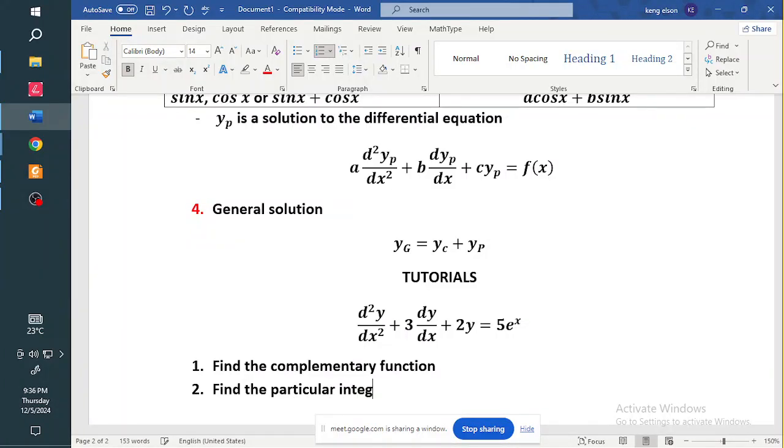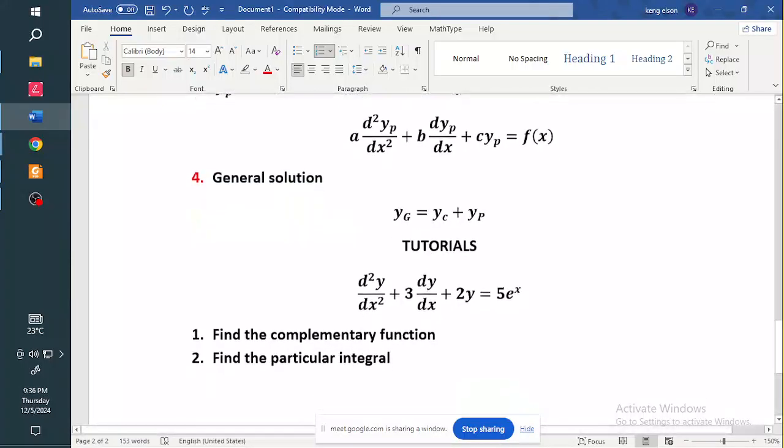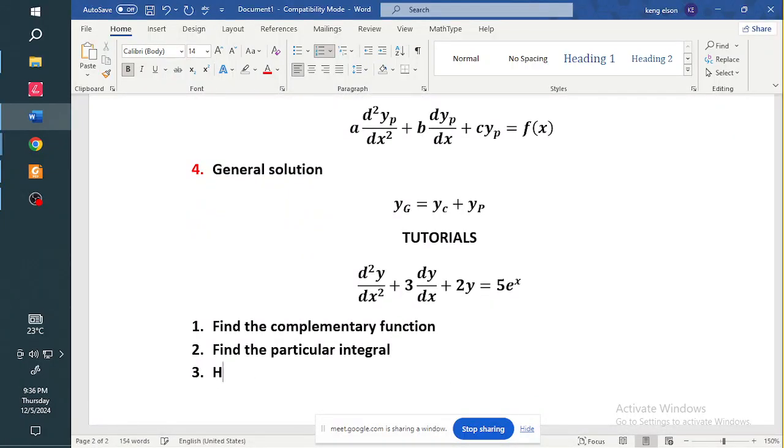Sometimes they actually give you the particular integral, but in some cases they don't give you. Find the particular integral, hence find the general solution.